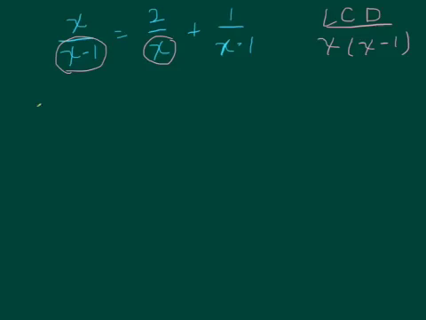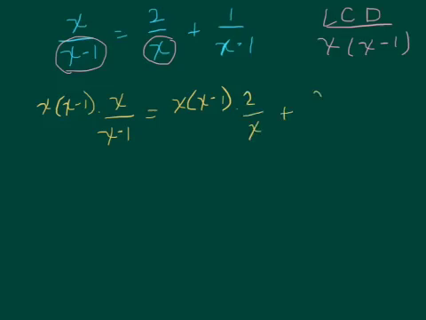So I'm going to have x times x minus 1 times x over x minus 1 equals x times x minus 1 times 2 over x plus x times x minus 1 times 1 over x minus 1.